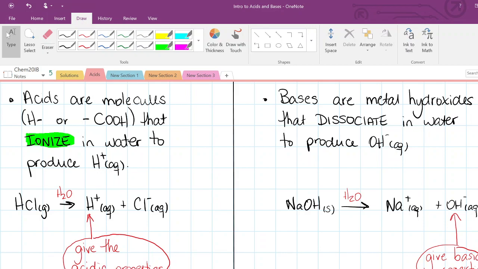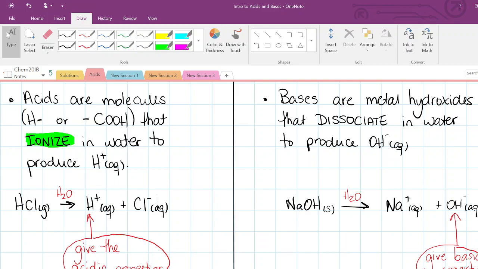So it gave hydrogen a positive charge, and then the chlorine developed a negative charge. Now this specifically was what Arrhenius said gave acids their acidic properties. If we wanted to have all of those empirical observations, we had to have hydrogen ions floating in solution.